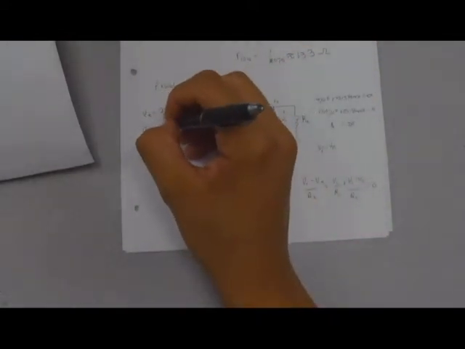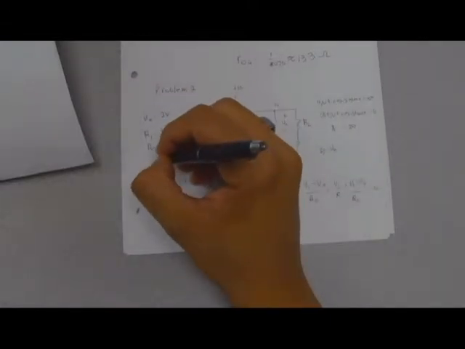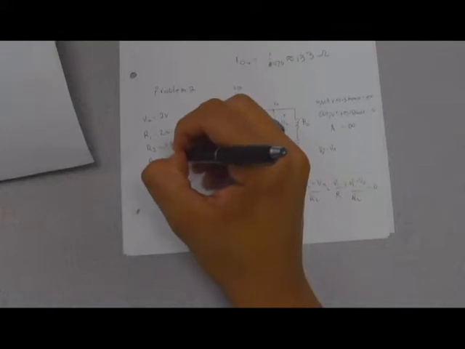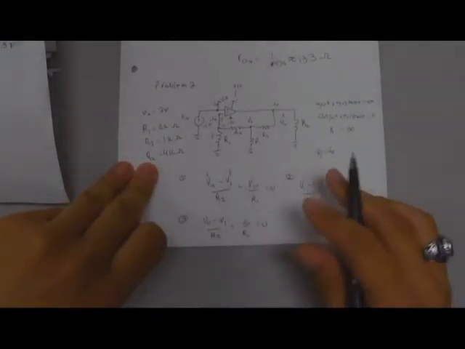R1 is equal to 2K ohms. R2 is equal to 1K ohm. And RL is equal to 4K ohms. So really all we don't know is V1 and Vout. So let's solve this first equation for V1, since we have all of the other inputs.